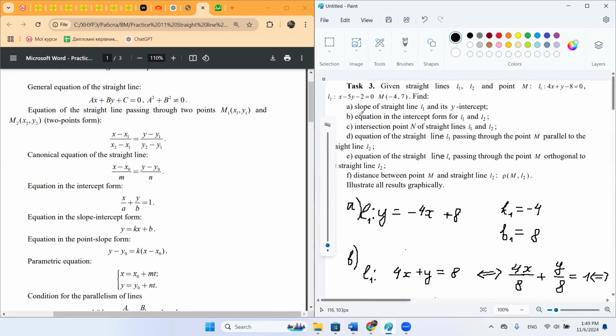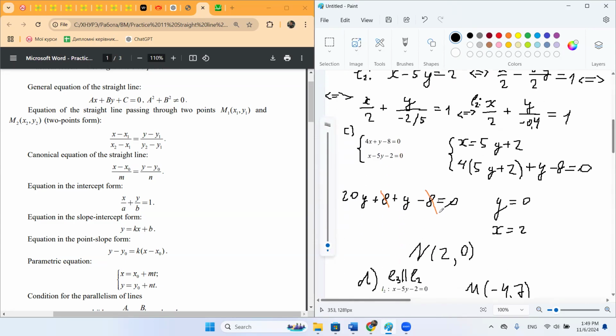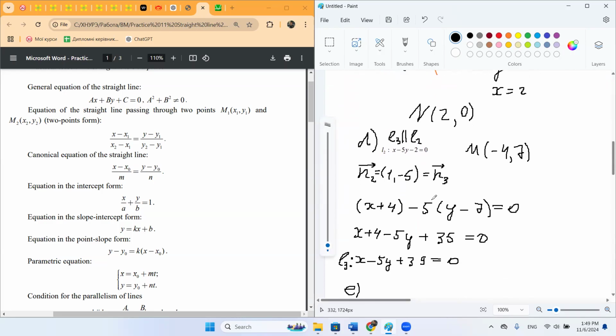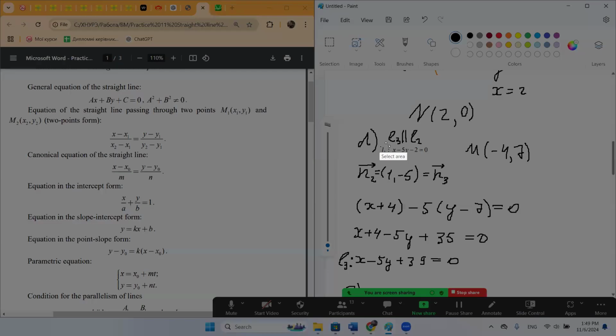We need to find now a straight line L4, also passing through the point M, and it is perpendicular to straight line L2. So L3 was parallel, but this is perpendicular. So taking this information.